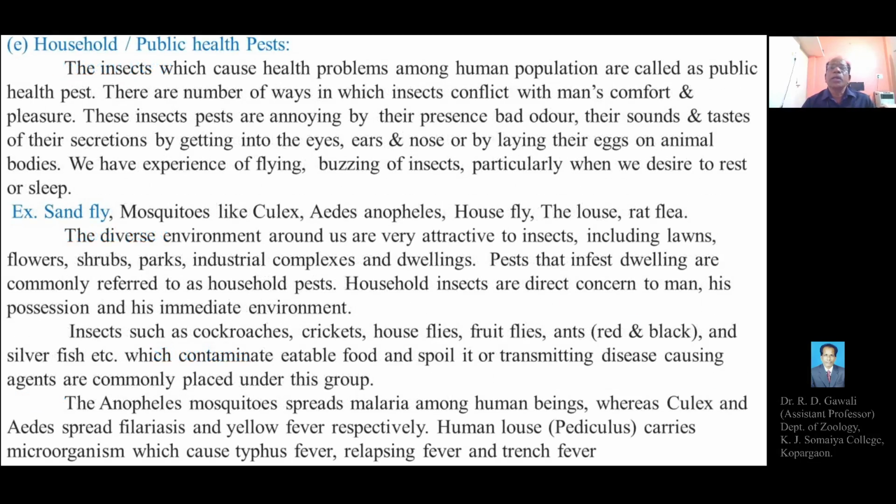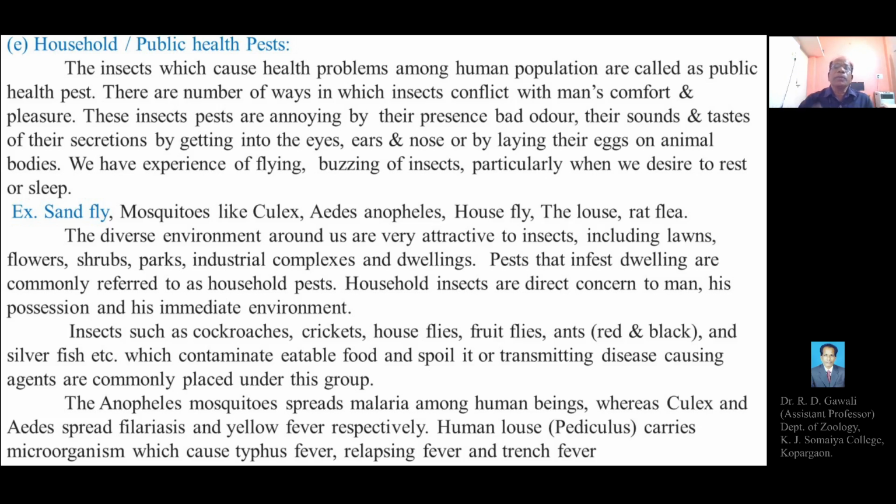Then the next type, that is household pest or the public health pest. The insects which cause health problems among the human population are called public health pests. There are a number of ways in which insects conflict with man's comfort and pleasure.